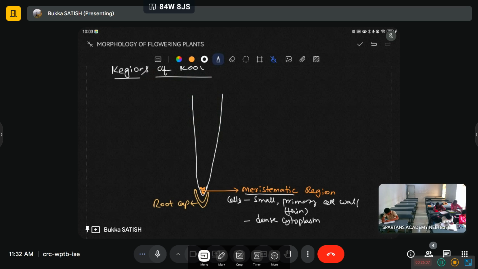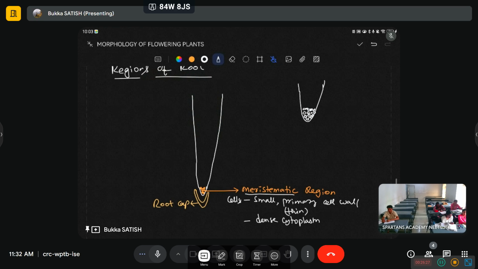Next, here one logic you need to understand. If this is the meristematic zone, listen properly, there is a concept here.